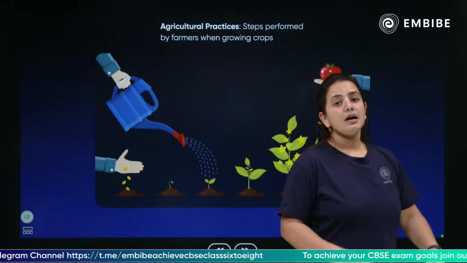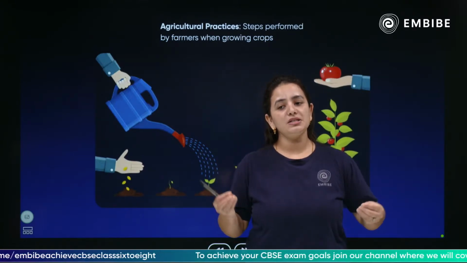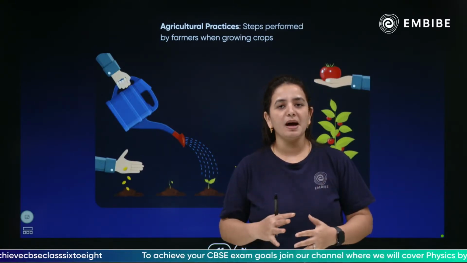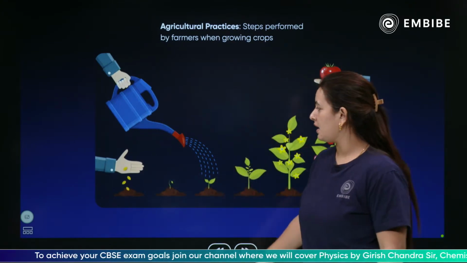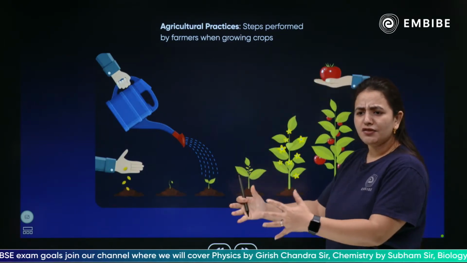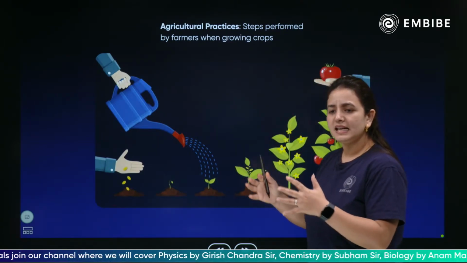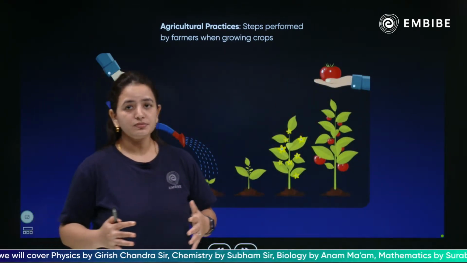Those steps and processes are performed by the farmers so that they can grow a crop, from sowing the seeds, watering, and adding fertilizer, to keeping the crop safe from pests and weeds.